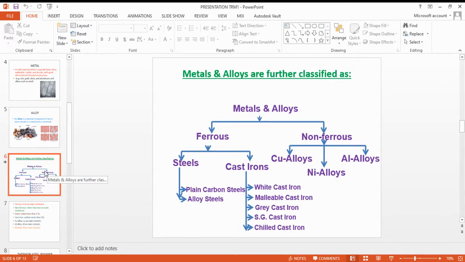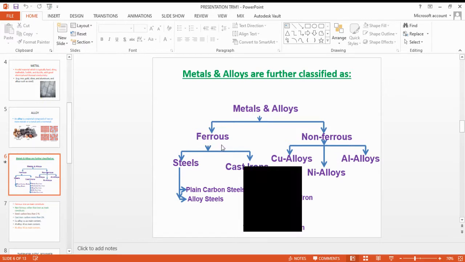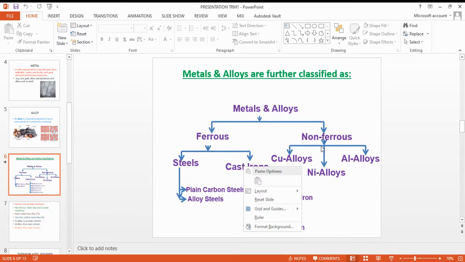Now, metals can be further categorized as ferrous and non-ferrous metals. If I may ask you, what is a ferrous metal? A ferrous metal is a metal that contains iron as its main constituent. Non-ferrous metals do not contain iron as the main constituent. For example, in ferrous metals, you have steels and cast irons.